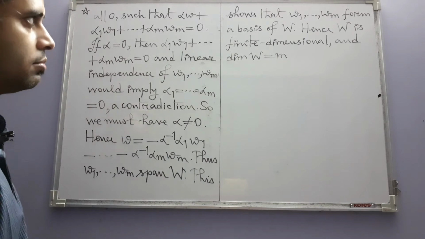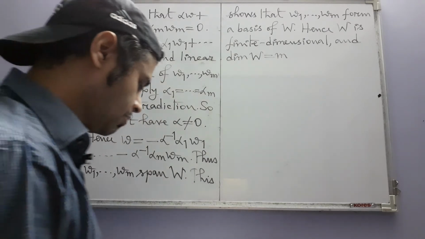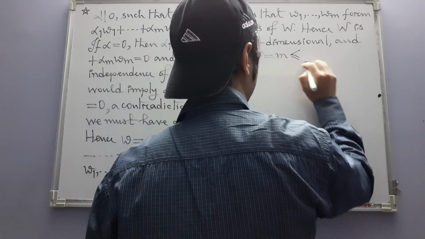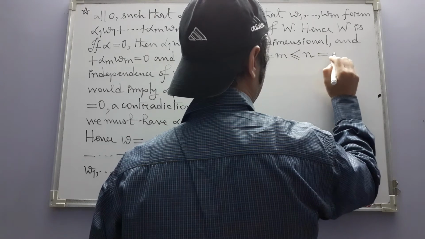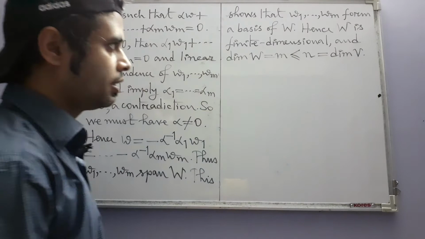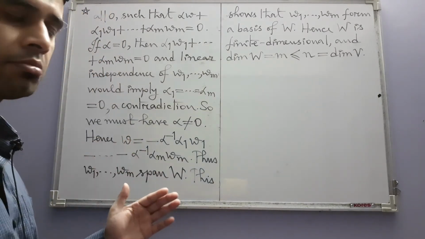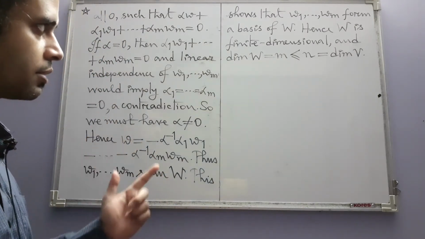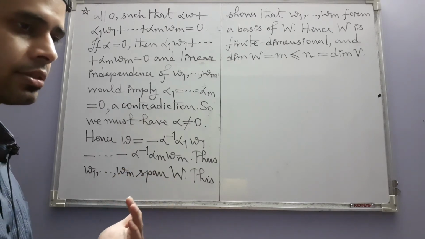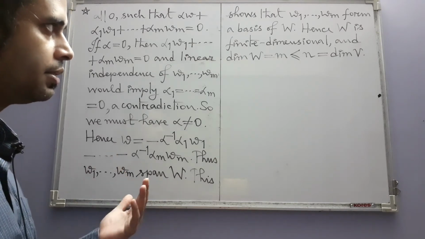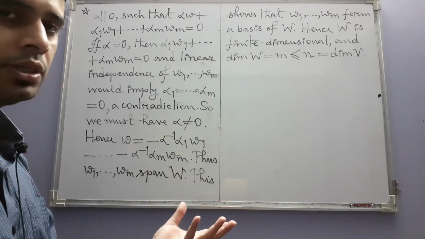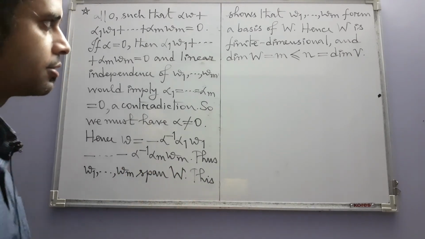And this m, oh, I forgot to write about this. We can write it here. This m must be less than or equal to n. Why? Because recall what m is. m is the maximum number of linearly independent vectors in W, which we have seen must be strictly less than n plus 1, because the moment we hit n plus 1 vectors, we have a linearly dependent set in V and so a linearly dependent set in W also.